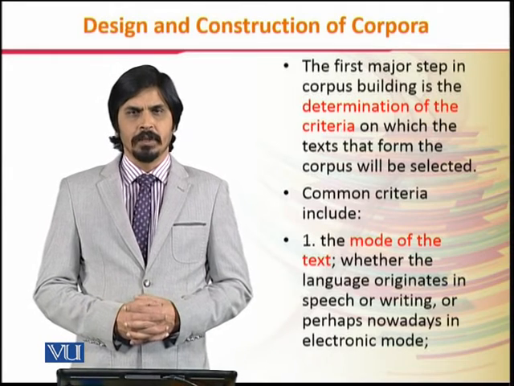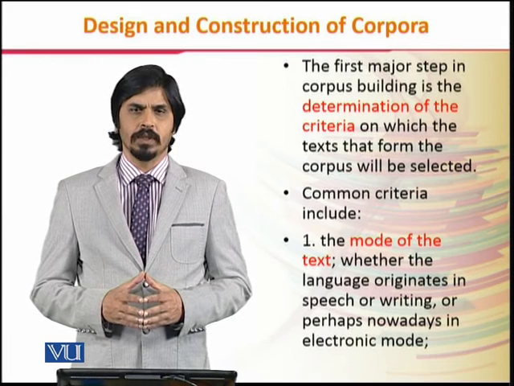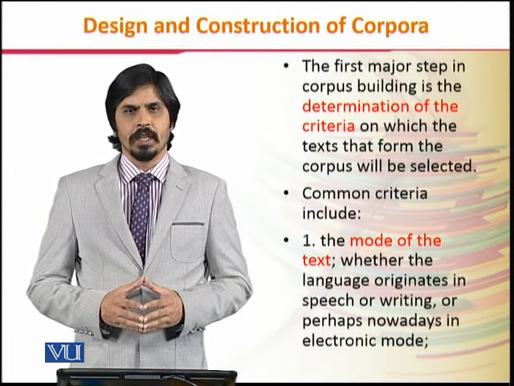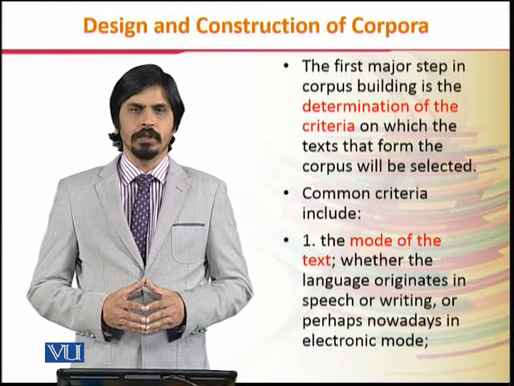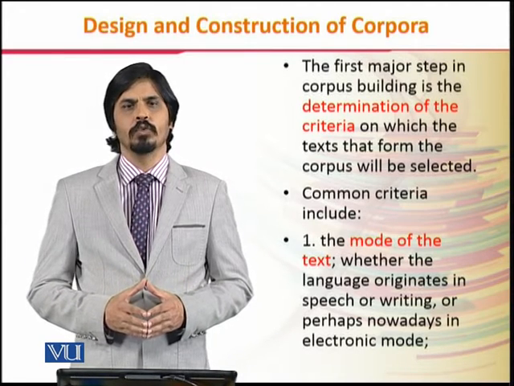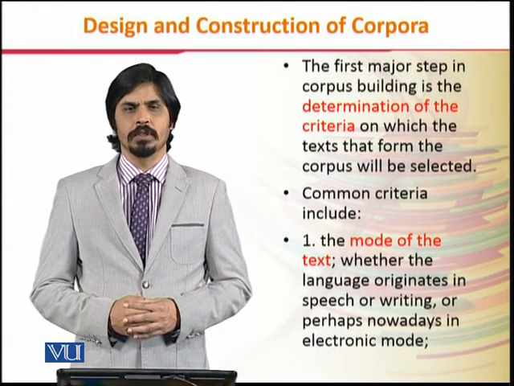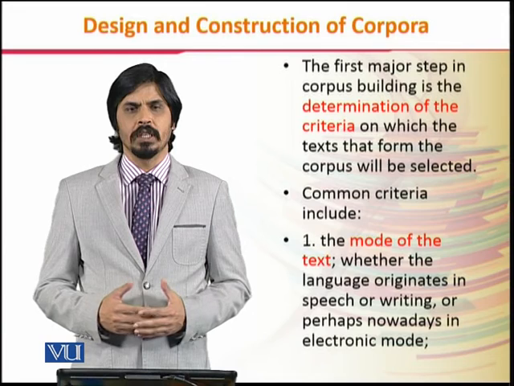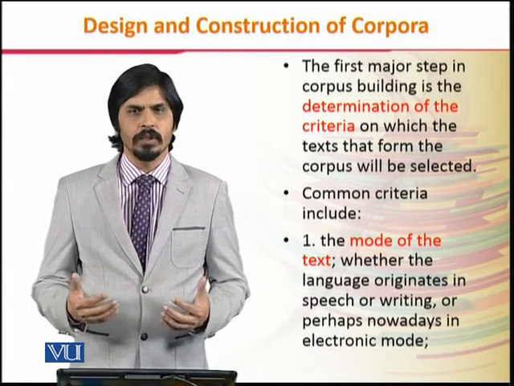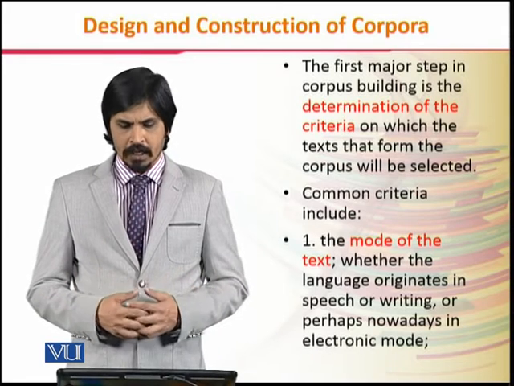In order to determine a corpus, the first thing is to have a very clear criteria. If a collector or maker of a corpus, or any organization, does not have clarity about the criteria on which the corpus is being collected, there would always be confusion, and even future beneficiaries would not benefit from such a corpus in a fruitful way.